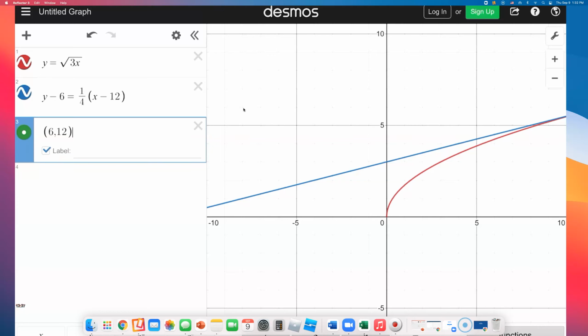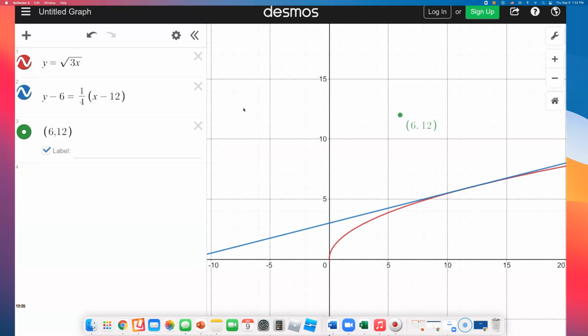And let me take a look. It doesn't look like it. Something went wrong. Maybe I made a typo. Let me go back. Oh, I know exactly what I did wrong. y is 6 and x is 12. I accidentally switched these two. All right, let me go fix those up. This is 12 and this is 6.